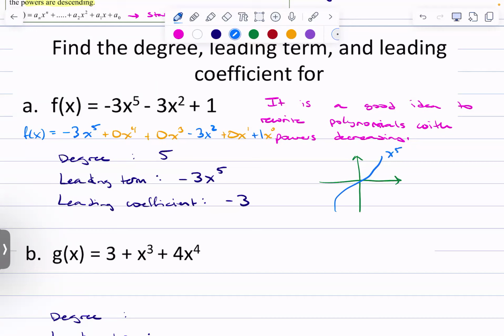But I also have a negative coefficient, right? So that means I have to flip this thing. Negative 3x to the 5.